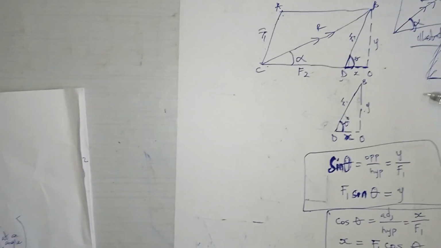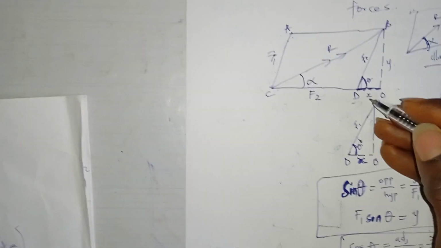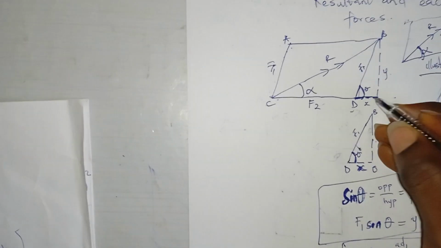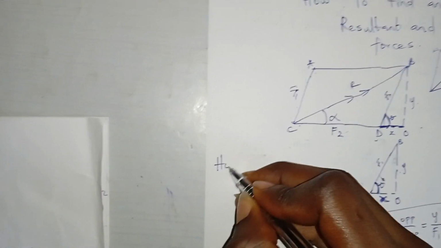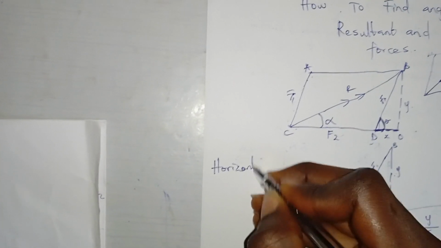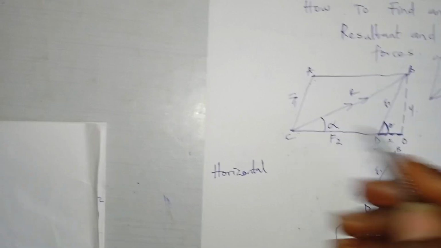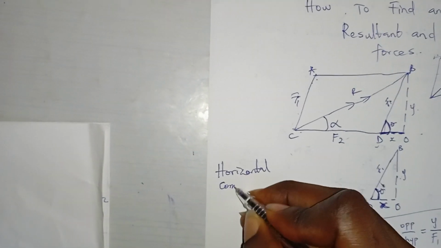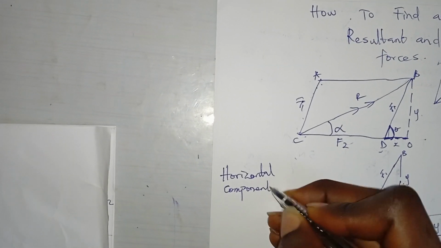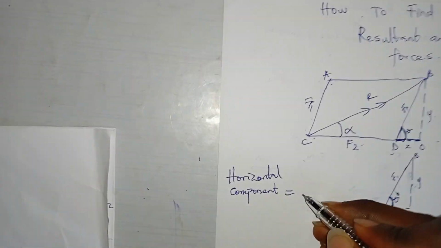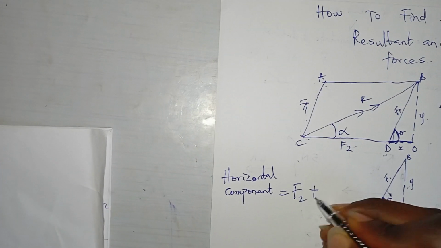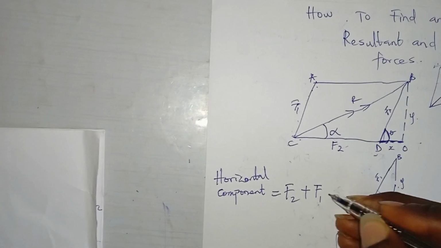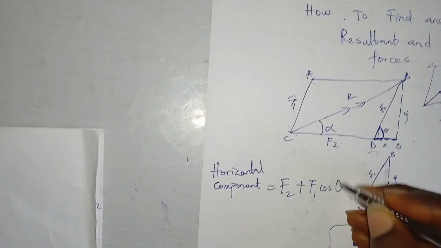So that means that on this triangle, everything horizontal, the horizontal components for this particular parallelogram, is equal to F2 plus F1 cos theta.